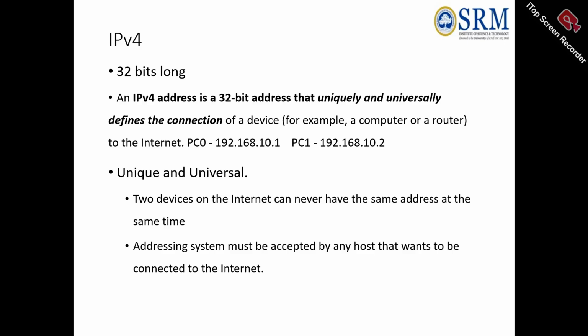For example, a computer from one manufacturer and a router from another manufacturer can communicate using the IPv4 address. So this is unique and universal. Two devices on the internet can never have the same address at the same time. And also the addressing system must be accepted by any host that wants to be connected to the internet.